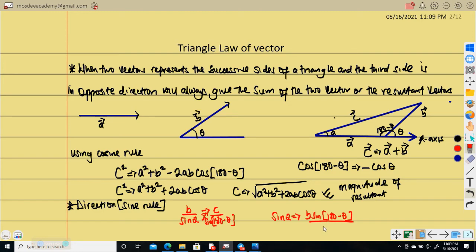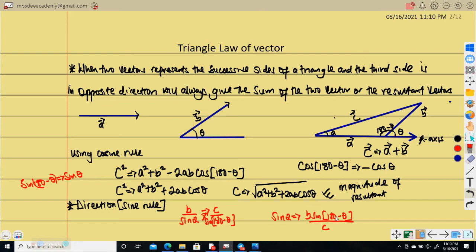As we have talked about, sine of 180 minus theta, in the second quadrant, is the same thing as sine theta. For those who don't know that, keep that in mind: sine of 180 minus theta is the same thing as sine theta. What I mean by that is that in the second quadrant, sine is positive.